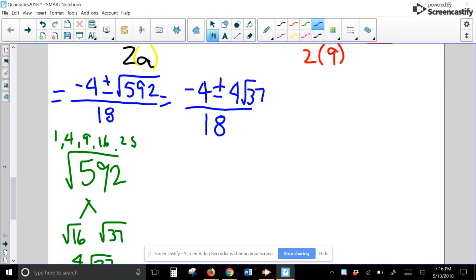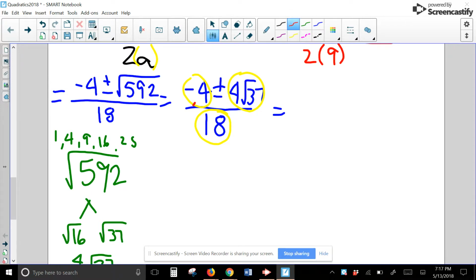Now, the only thing we could do with this is, looking at the whole number part of it, we have a negative 4, a 4, and an 18. If you think about the negative 4, the 4, and the 18, you will realize that 2 goes into each one of those evenly. So we can simplify this a little bit further by dividing 2 into each one of those.